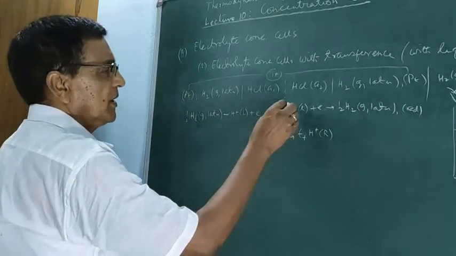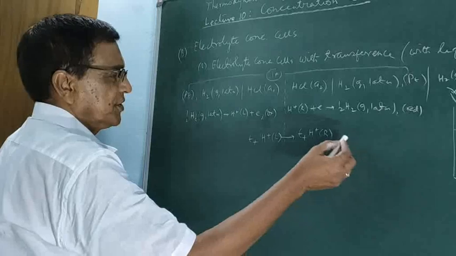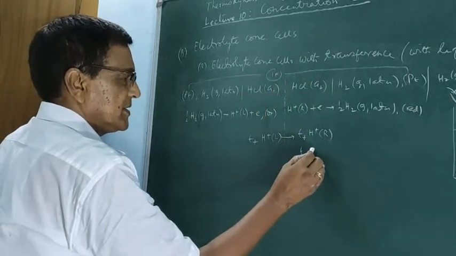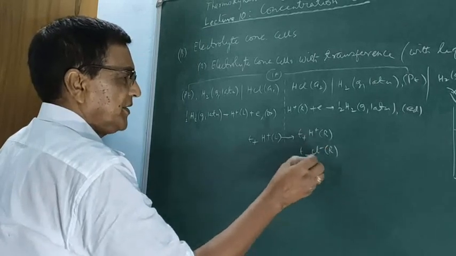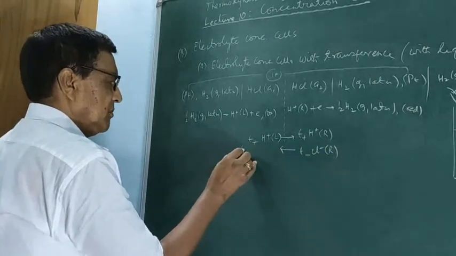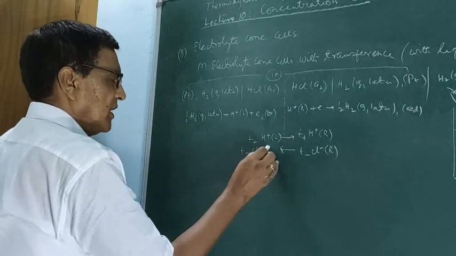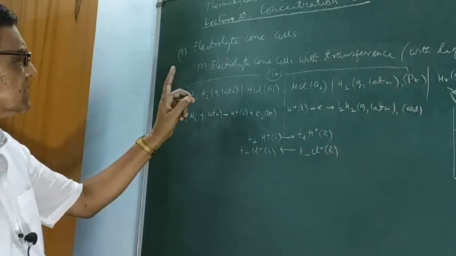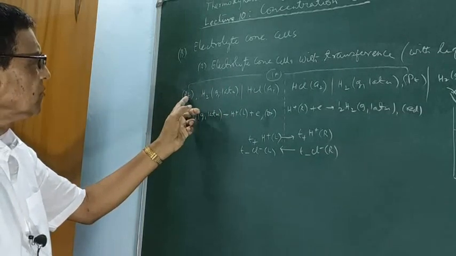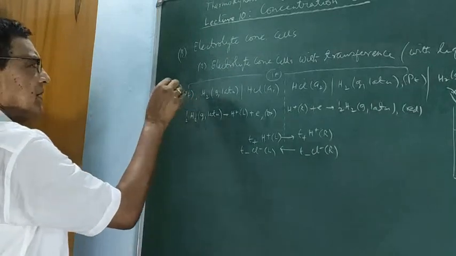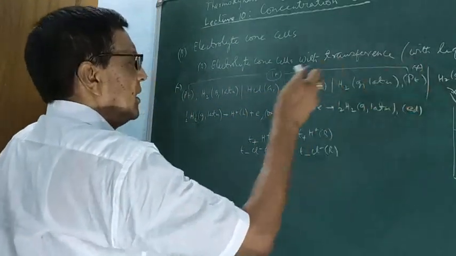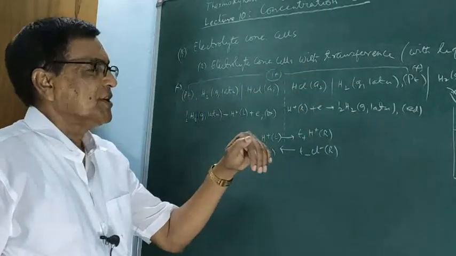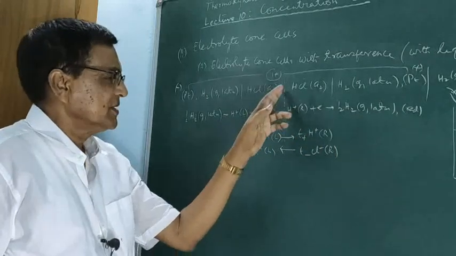Here 1 gram equivalent of hydrogen ion is being removed, so 1 gram equivalent of chloride ion remains in excess, so t minus chloride ion will move from right to left. And as I told earlier, whenever 1 Faraday of negative charge is transferred from the negative electrode to the positive electrode through the metal wire, then 1 Faraday of negative charge will also be transported through this junction.